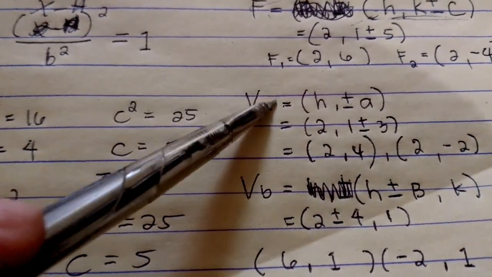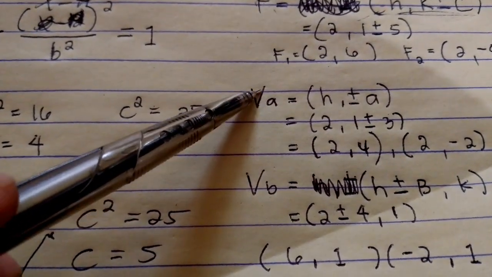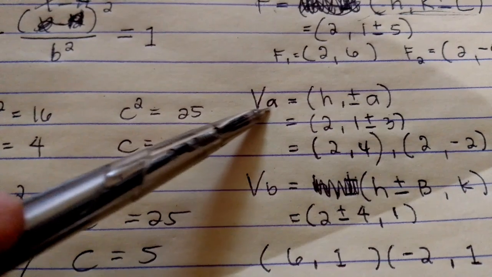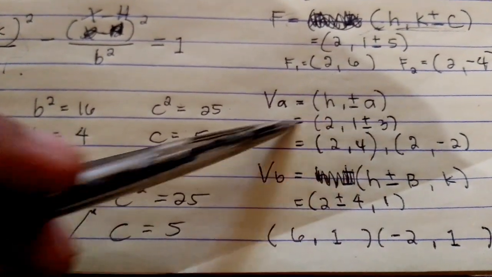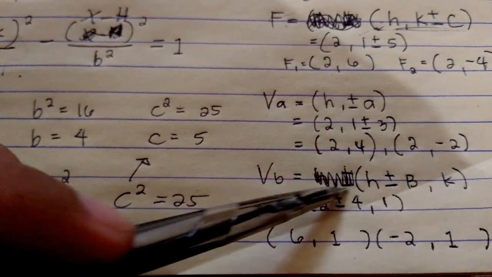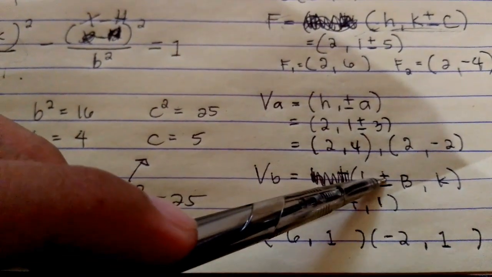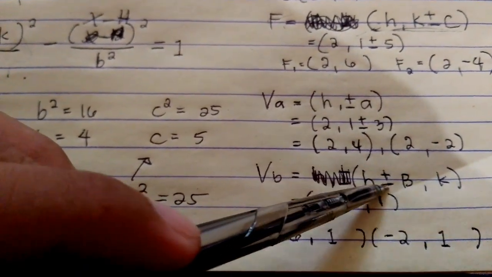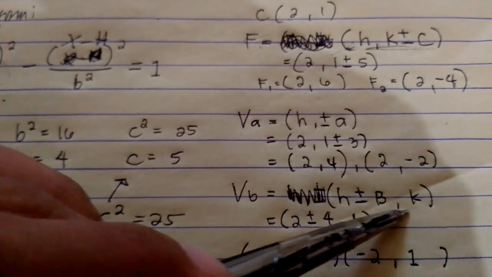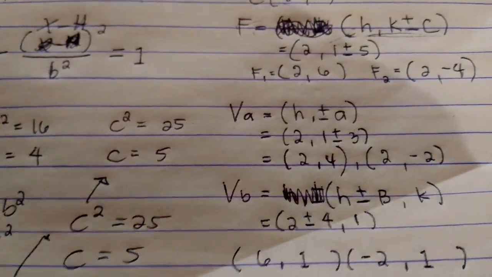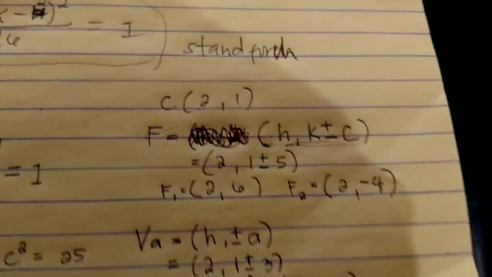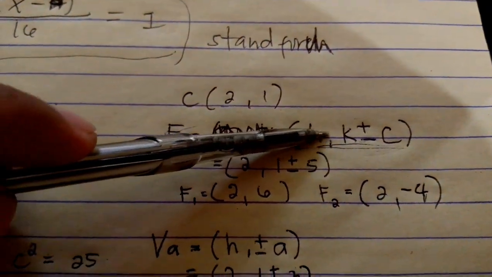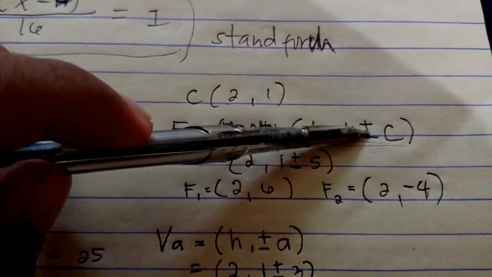In our vertices, vertex A is (h, k plus or minus a) and vertex B is (h plus or minus b, k).